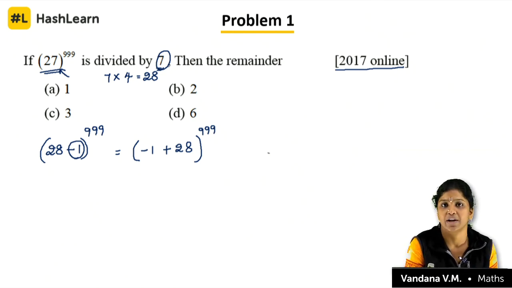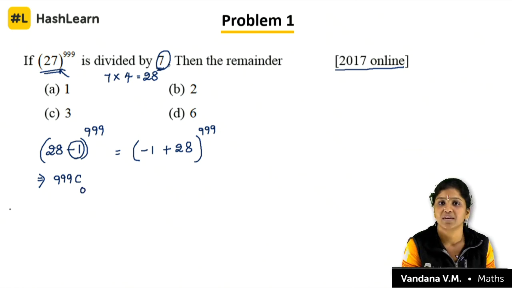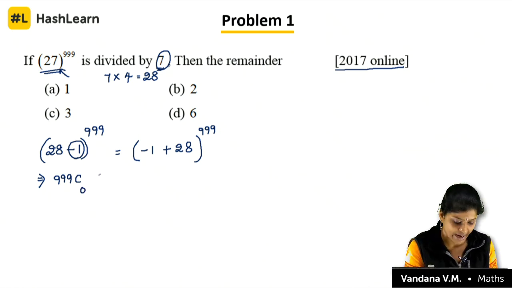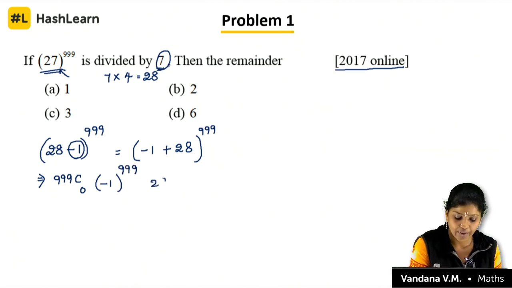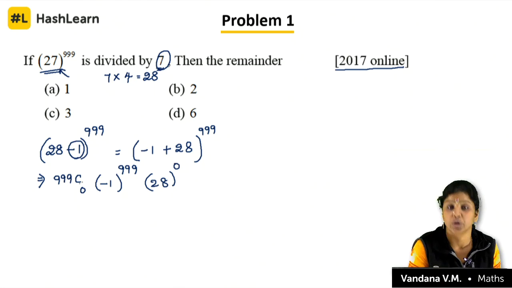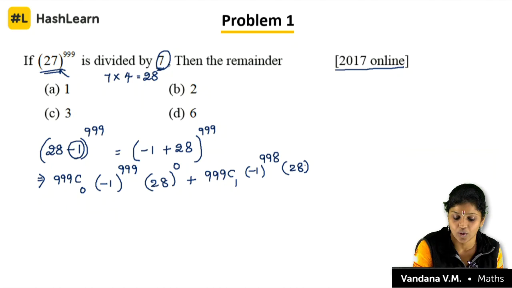Now you expand, use the binomial expansion. 999C0, that is, minus 1 whole power 999, 28 whole power 0. Next term, 999C1 minus 1 whole power 998, 28 whole power 1.